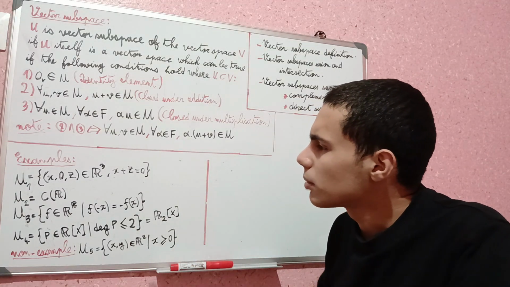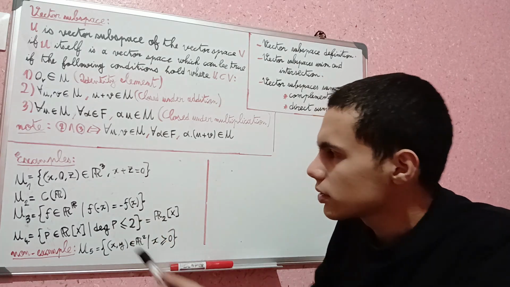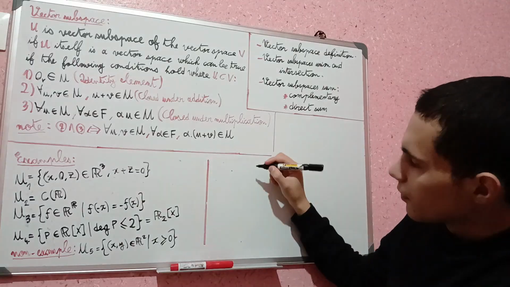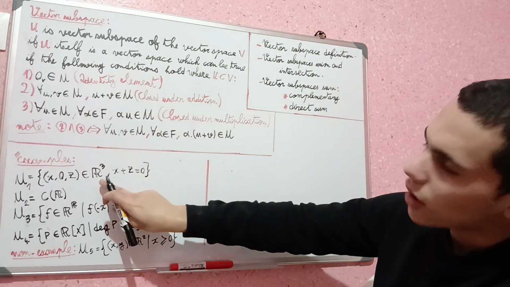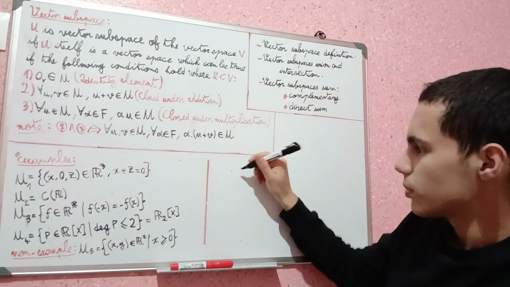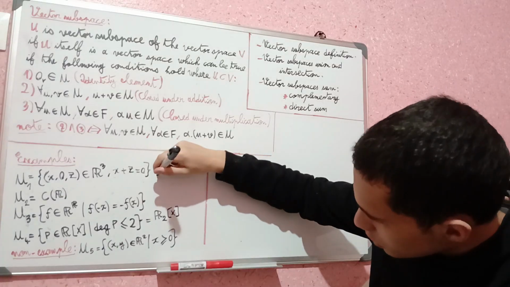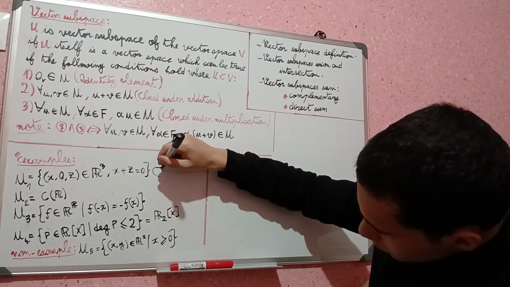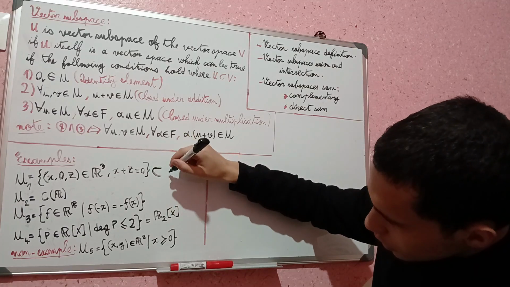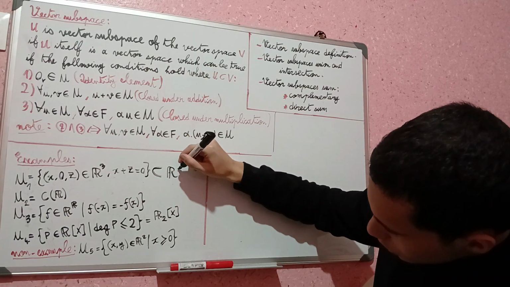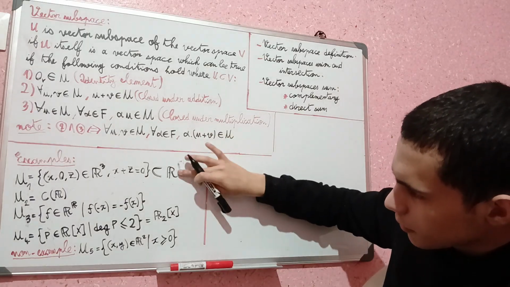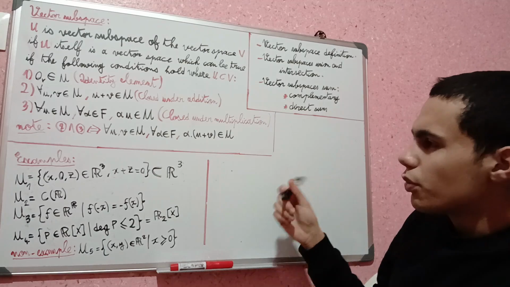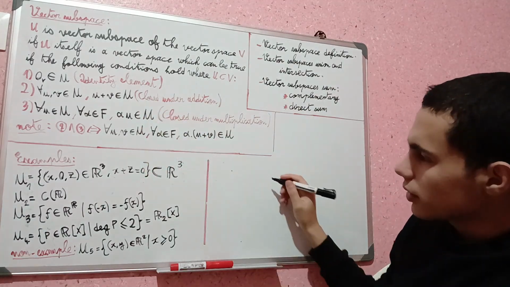Now let's talk about examples of vector subspaces. Let's prove this to be a vector subspace of R cubed. The big vector space is R cubed, and this set is included in R cubed. First, we need to prove the identity element.